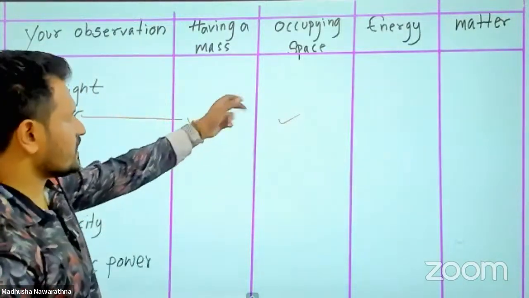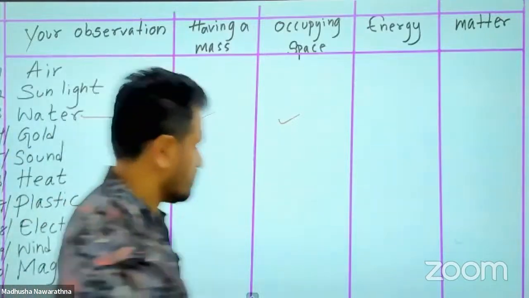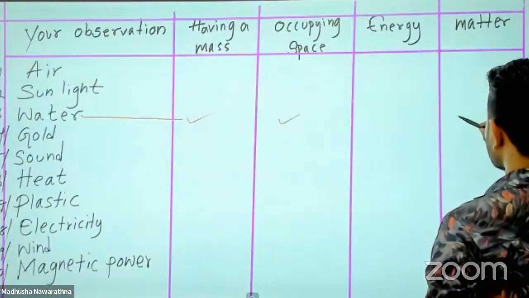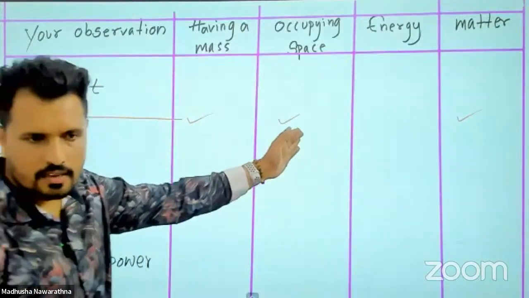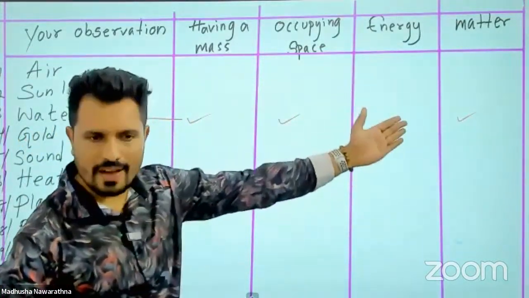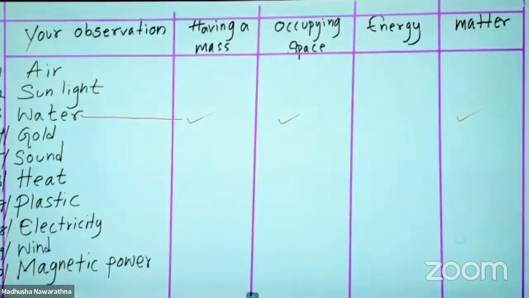Therefore, is it energy or matter? Matter. Why? Because having a mass and occupying space is a property of matter. Hurry up and complete all the other 9 observations.